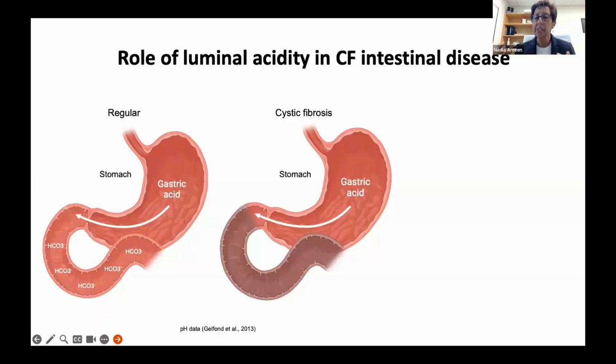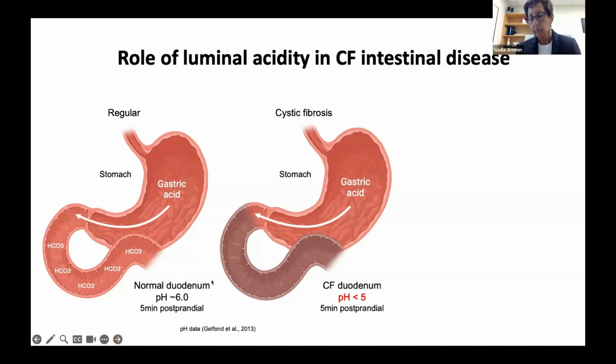Luminal acidity is an important pathogenic factor in gut disease in cystic fibrosis. As you heard from others today, gastric acid comes into the small intestine, where it is buffered by bicarbonate, and that bicarbonate secretion is mediated by CFTR. But in the cystic fibrosis intestine, the pH is much lower, as a result of the lack of functional CFTR in the enterocytes.